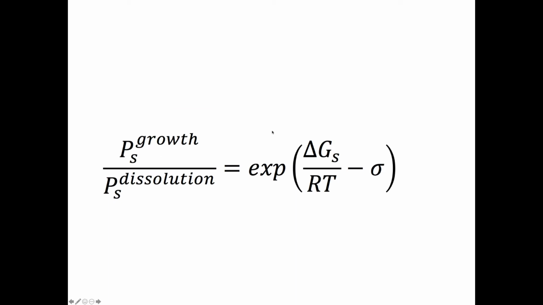So now if we know all of these free energy differences at the surface sites in the solid phase, and if we know the supersaturation, then we can determine the probability for growth versus the probability for dissolution. This is the component for the solid phase. This is the component for the solution phase.